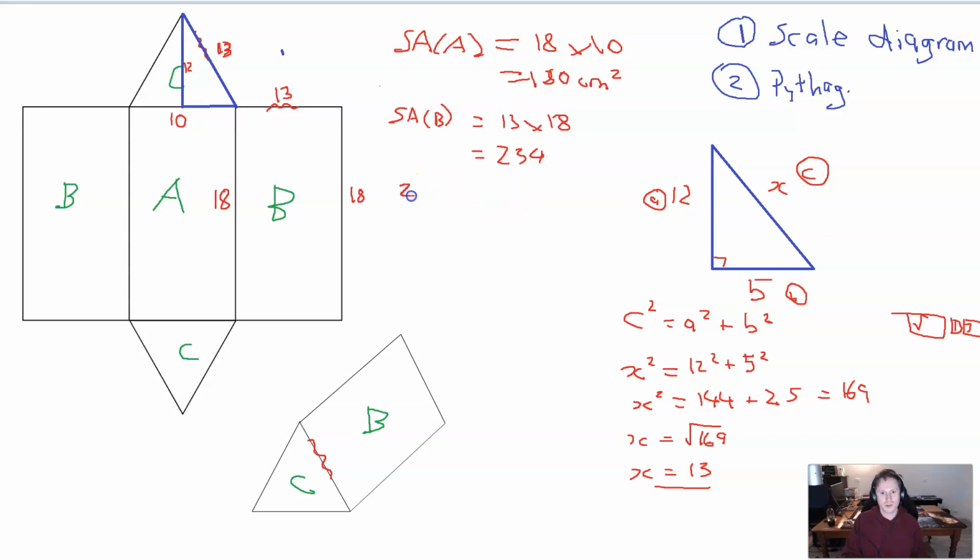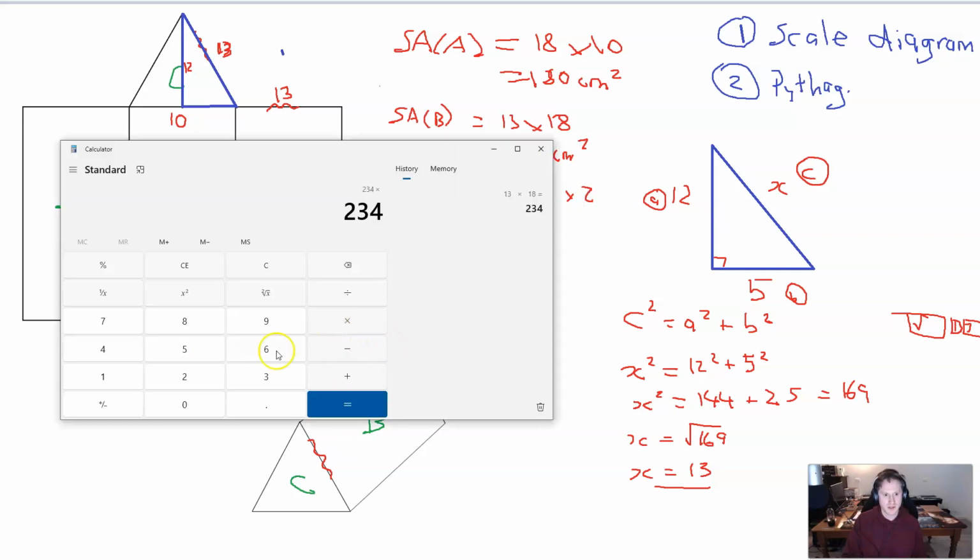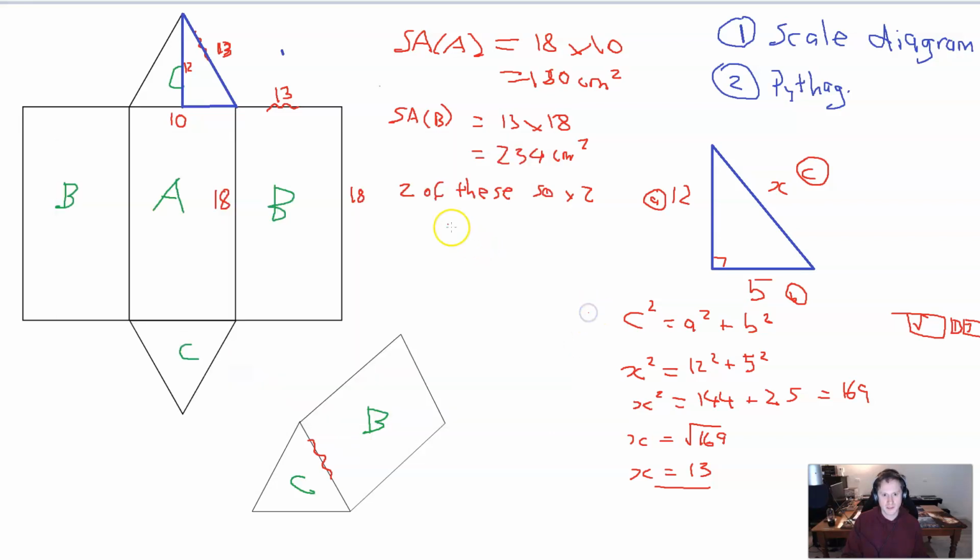And there's 2 of these. So we'll times that one by 2, and that's 468 centimeters squared. Okay, you might just want to underline each of the bits.